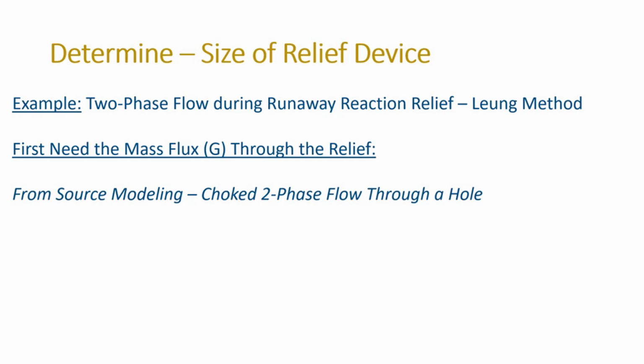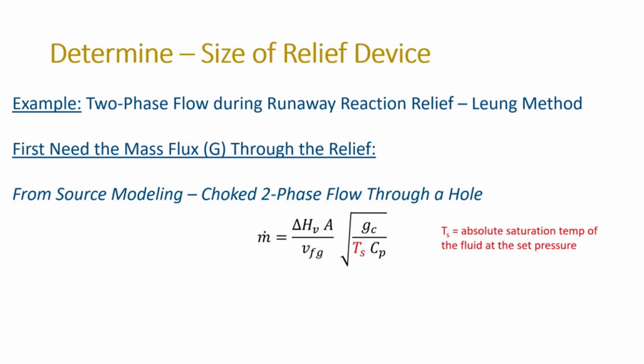The source model derived for this situation shows that the mass flow through the relief, in units of mass per time, is equal to the heat of vaporization of the fluid, in units of energy per mass, times the area of the hole, in units of length squared, divided by the change in the specific volume of the flashing liquid.